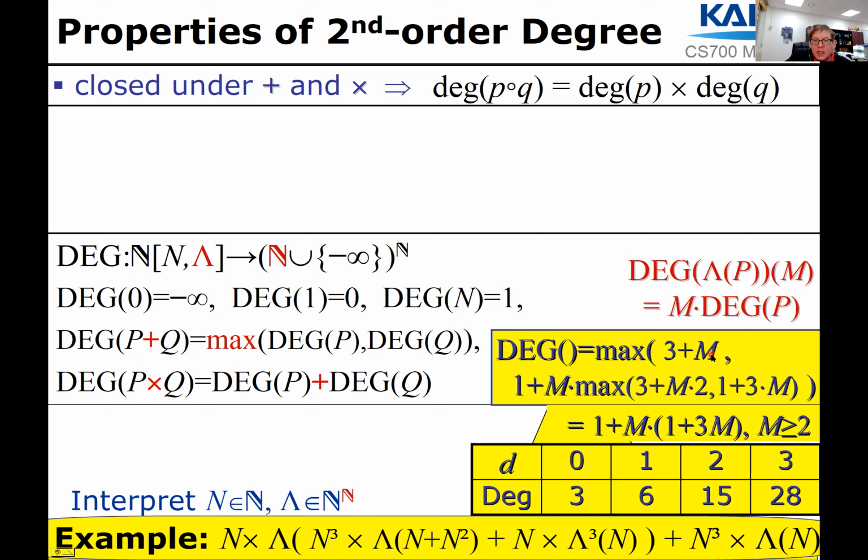And so when m is equal to 0, then this expression here becomes 3, and this here becomes 0. So the maximum of 3 and 1 is of course 3. So when m is equal to 0, then the degree evaluates to 3. When m is equal to 1, it evaluates to 6, and so on. I'll leave it to you to verify that.